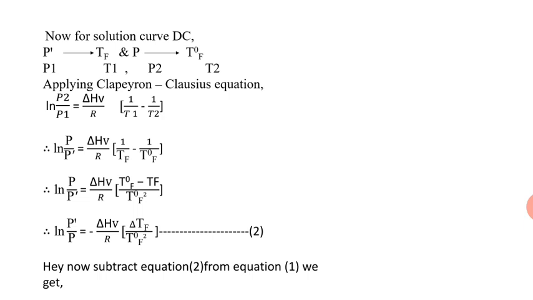Again we have to reverse the equation: on the left hand side P dash goes upward and P comes downwards. That's why the right hand side becomes negative, that is minus delta Hv upon R inside the bracket delta Tf upon T0F square, and this is our equation number 2. Now subtract equation 2 from equation 1. We get a new one.